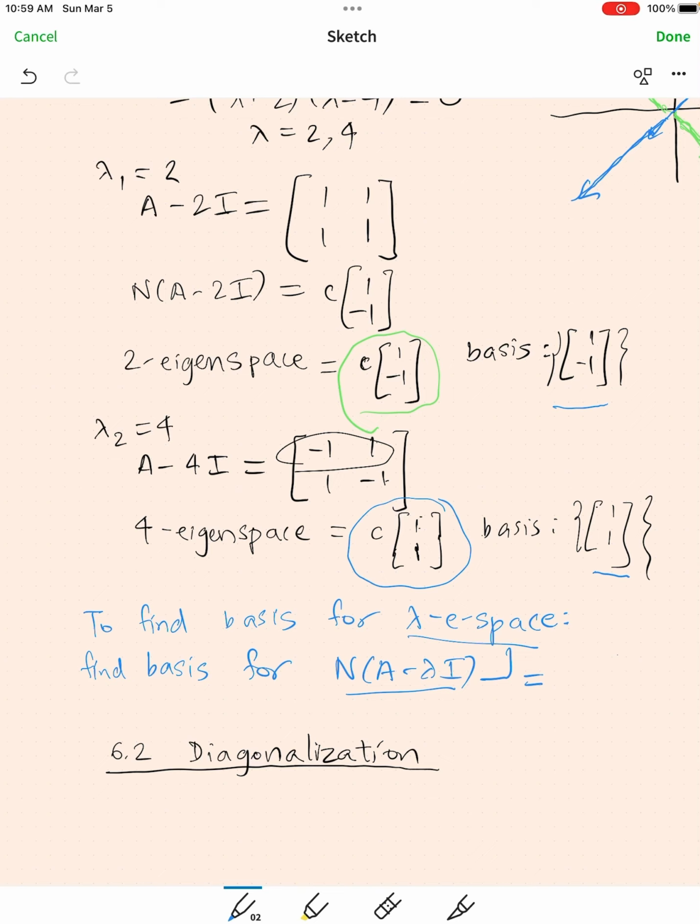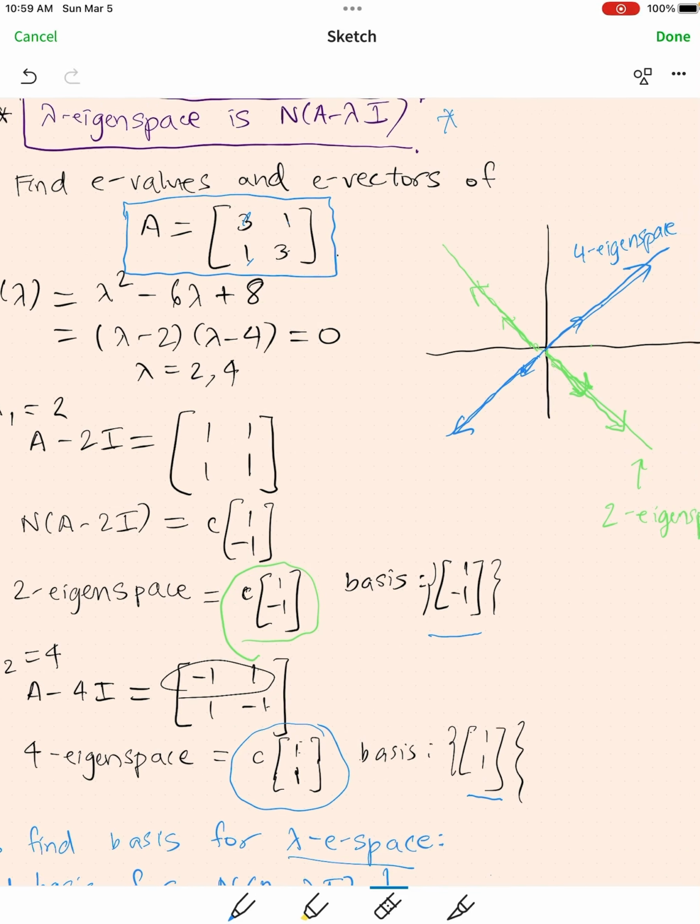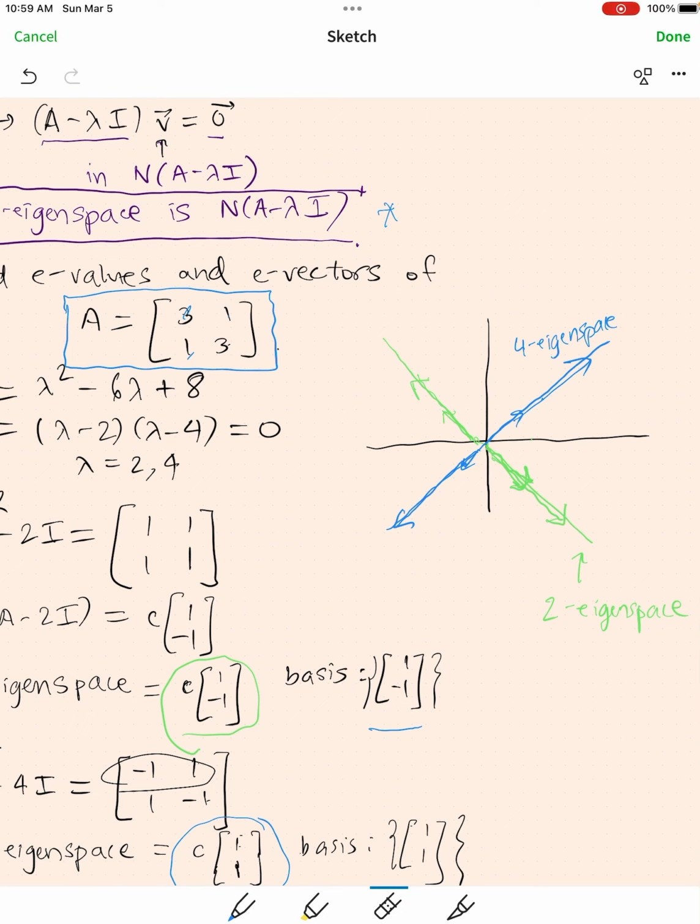Okay, and I just want to clarify that when we're talking about linear combinations of eigenvectors being an eigenvector, we mean for a particular eigenvalue. So all the vectors along this blue line, for instance, and this green line are eigenvectors.